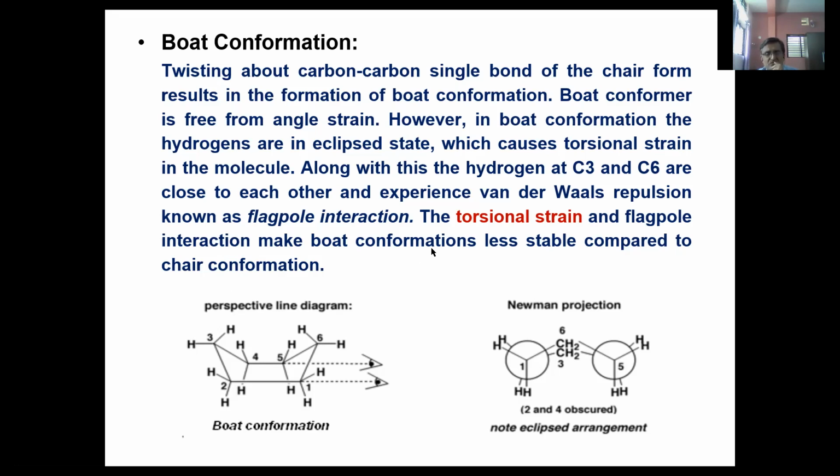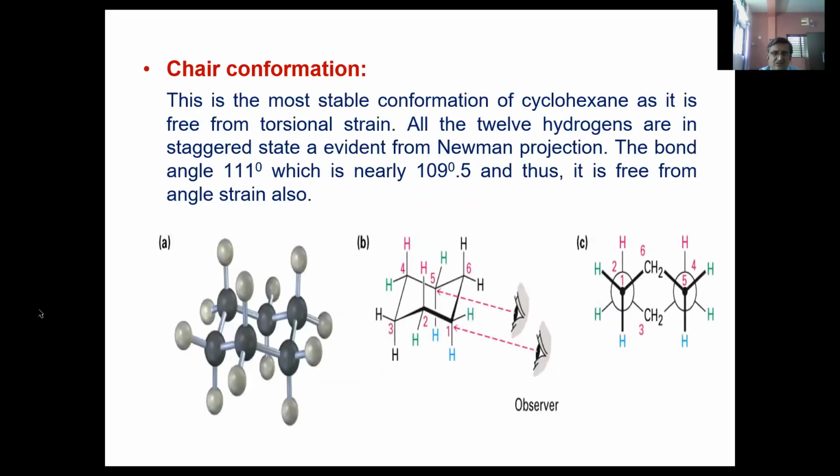This is a very important question. Why is the chair conformation more stable than the boat conformation? Explain in detail, meaning you should explain in detail when it is asking for a 5 mark or 4 mark question, but when it is asking for a 2 mark question: in the chair conformation, every hydrogen atom including the methylene groups is in a staggered form, and there is no van der Waals repulsion.